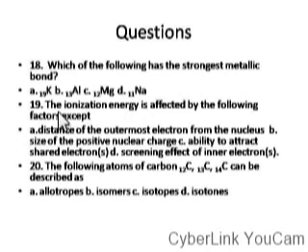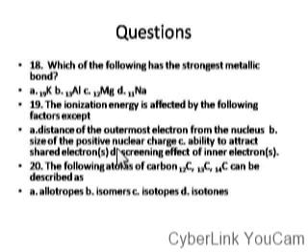Now next question, which is number 19, the second to the last question here. Ionization energy is affected by the following factors, except: distance of the outermost electron from the nucleus, size of the positive nuclear charge, ability to attract shared electrons, screening effect of inner electrons. Let's look at the distance of the outermost electron from the nucleus. Does it affect ionization energy or not? Yes, it does. Because the closer the electron, the more the ionization energy, and the further the electron, the less the ionization energy.